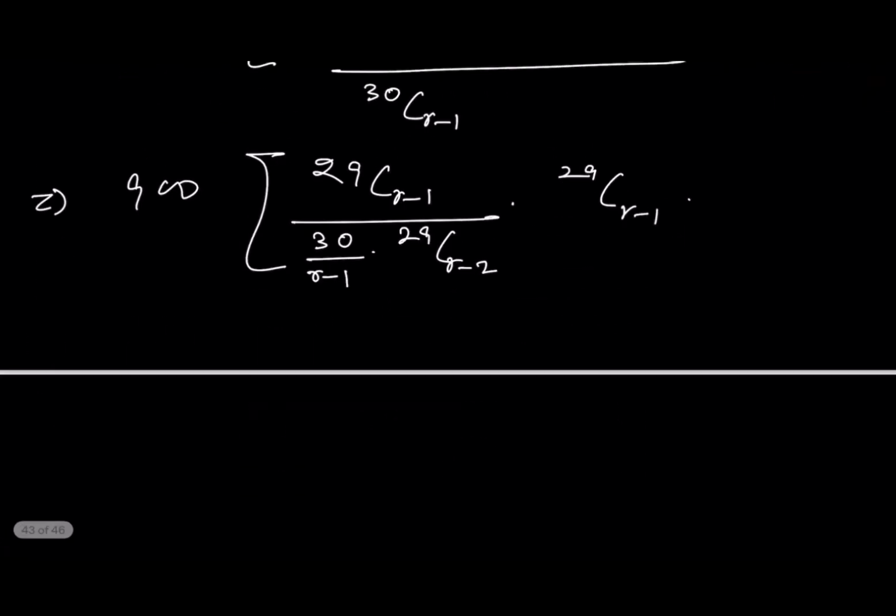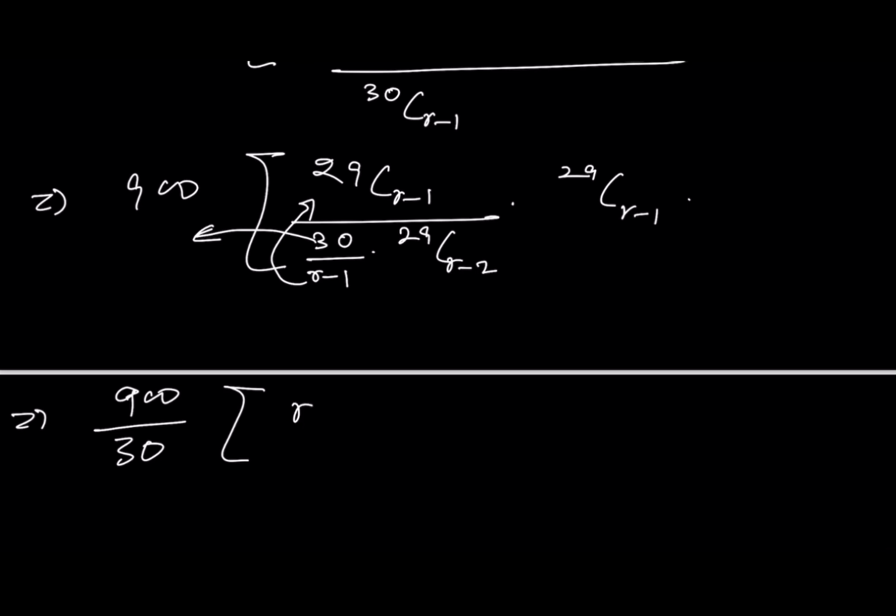Now this r minus 1 will go up and this 30 will come outside. So 900 by 30, and it is (r minus 1) times 29C(r minus 1) upon 29C(r minus 2) into 29C(r minus 1).